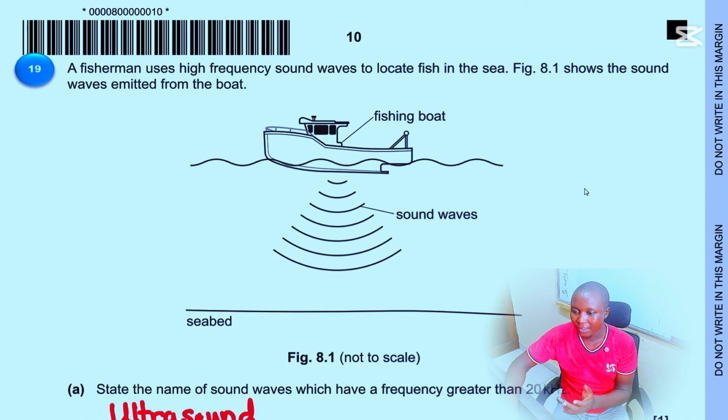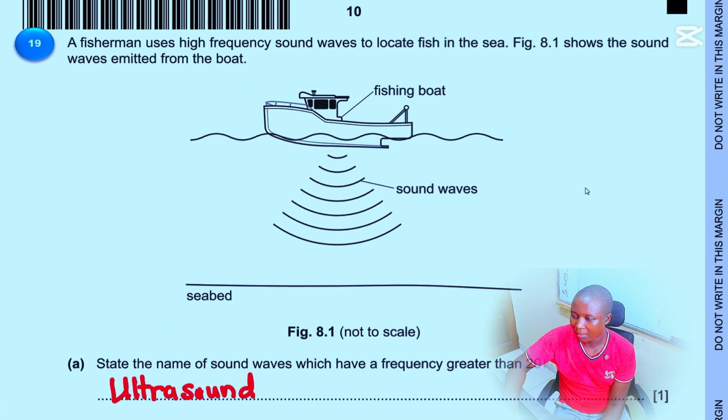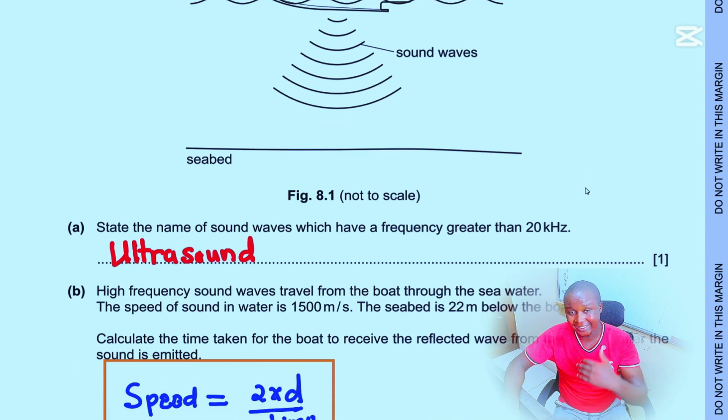Now there is this concept whereby we can determine the depth of the ocean using sound that is emitted from a boat. A sound that has a frequency of more than 20,000 hertz is called ultrasound or ultrasonic waves, and those that are below are called infrasonic or infrasound.